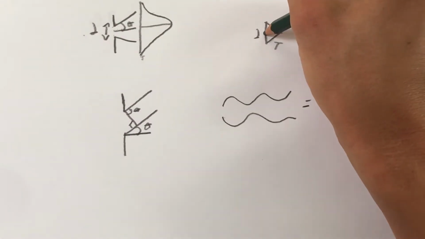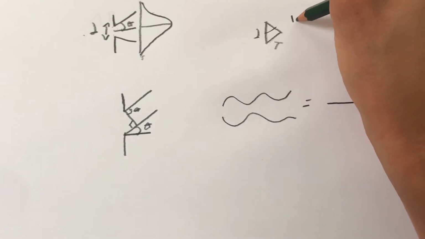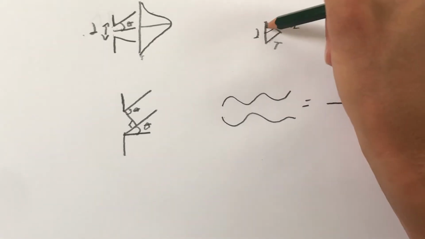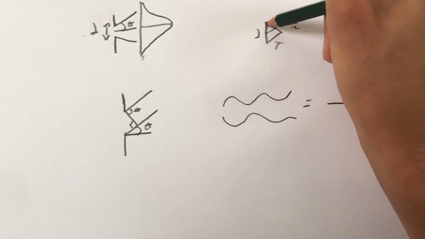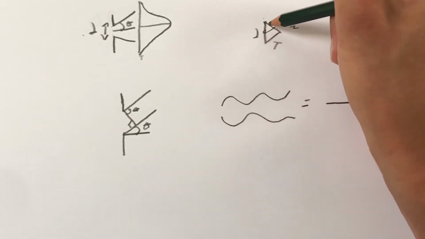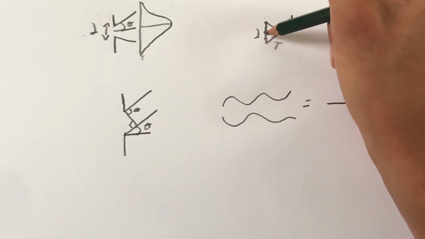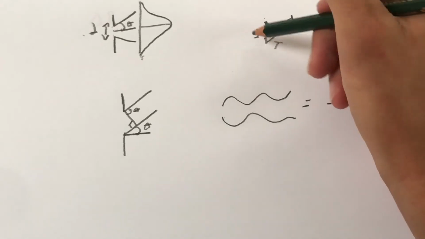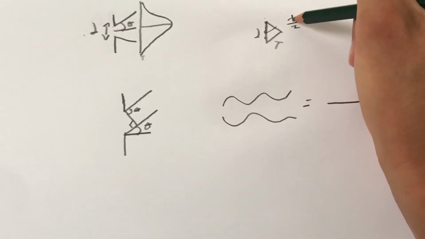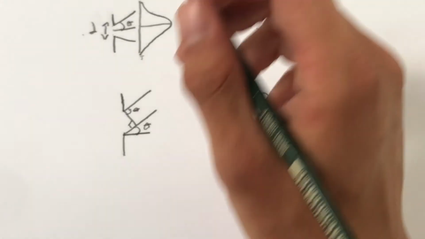If you draw perpendicular at half lambda, this is lambda divided by 2, you will find that this point right here will cancel out with this point right here. So if you have a wave here and here, they will cancel out. A wave here and here, they will cancel out. So waves where there is a distance between them that is lambda over 2 will precisely cancel out.